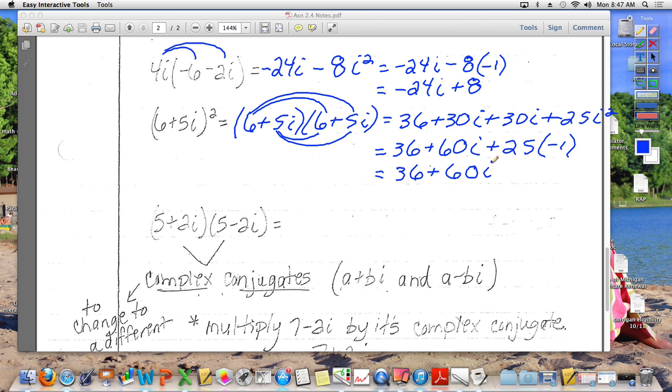Those two give me negative 25. 25 times negative 1 is negative 25, which is equal to 36 and a minus 25 can be combined to give me 11 plus 60i. Yes?